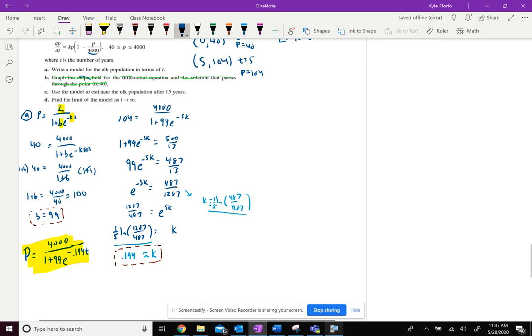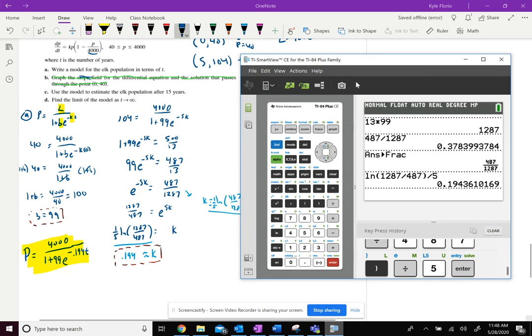Use the model to estimate the population when t equals 15. So we're just going to plug 15 in here and we'll be done. The population model is 4,000 over 1 plus 99 e to the -kt, and t is going to be 15.